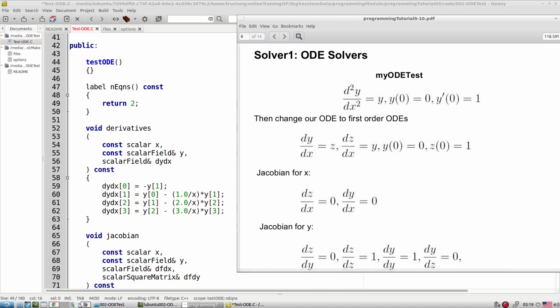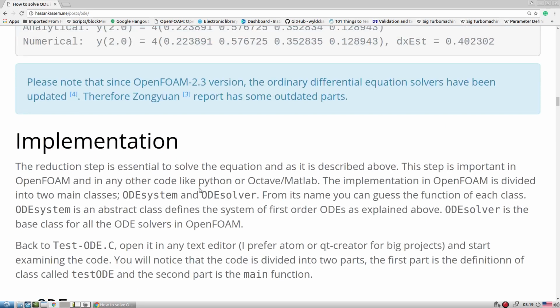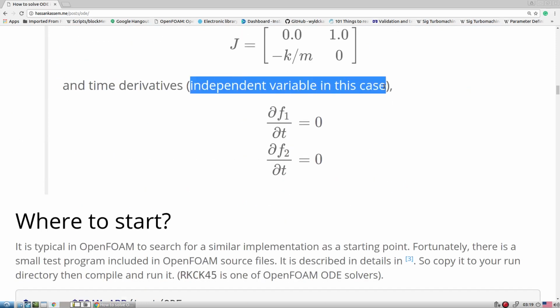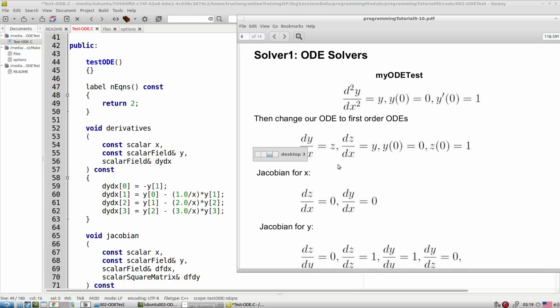To construct the Jacobian and all this part, we have to create the derivative with respect to the independent variable. Here the independent variable is x, so del f1 by del x is equal to 0 and del f2 by del x equal to 0. Why? Because f1 equal to z and f2 equal to y.